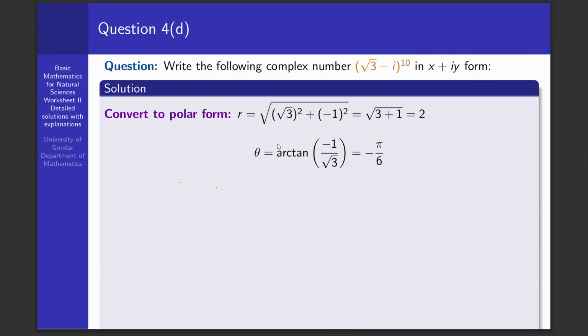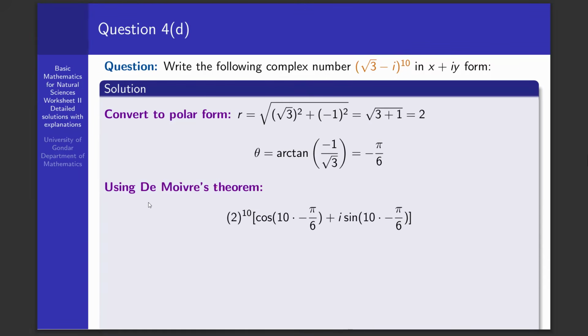Then we can write this in polar form using de Moivre's theorem. We have the power of 10, that is r to the power of 10, then cosine of 10, the exponent, multiplied by theta, plus i times sine of 10 multiplied by theta.